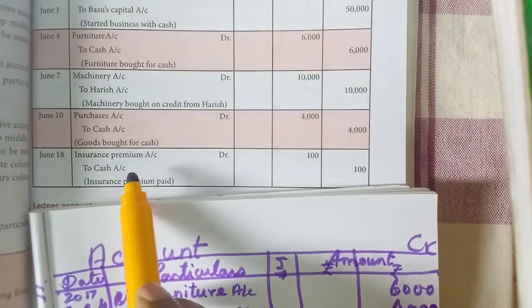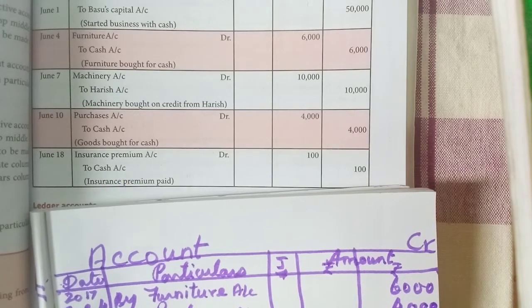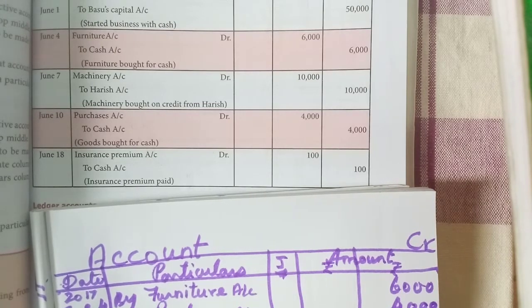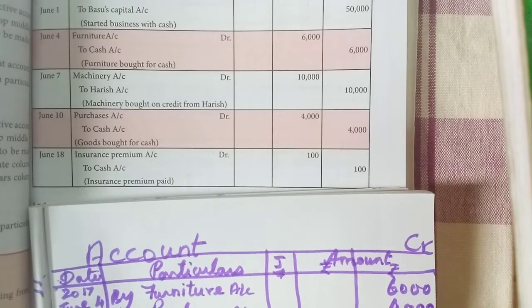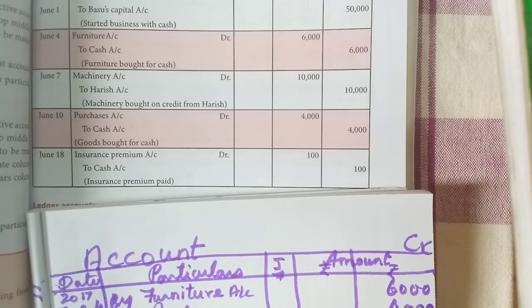Yes, one more cash, credit only. So on the credit side, you write the date first, 18, by insurance premium account 100. Okay, 100, where you write not below 4, only 3 digits, accordingly you have to write.